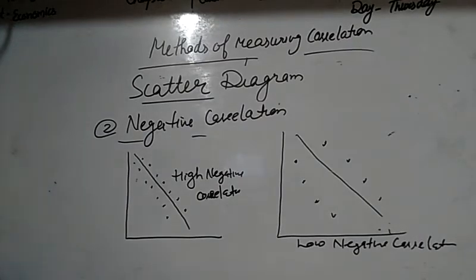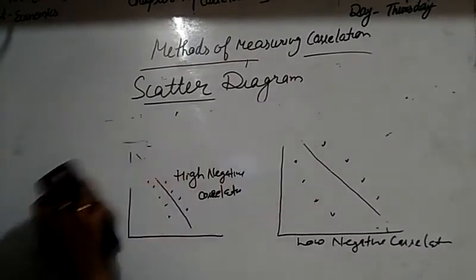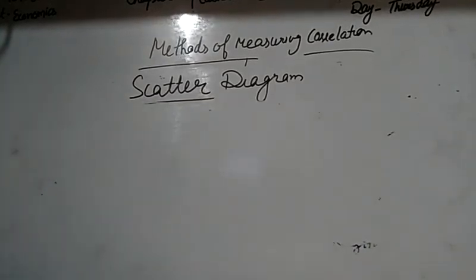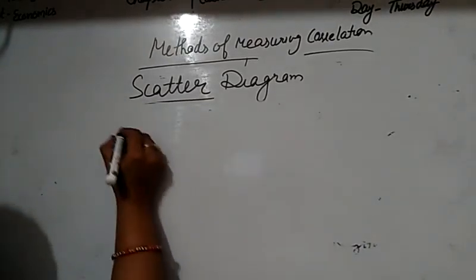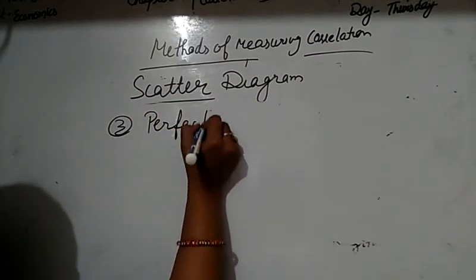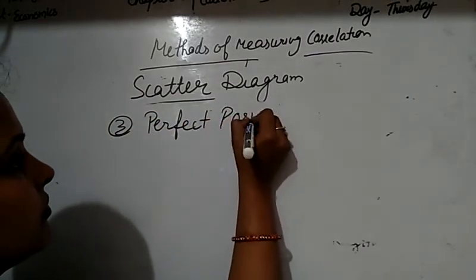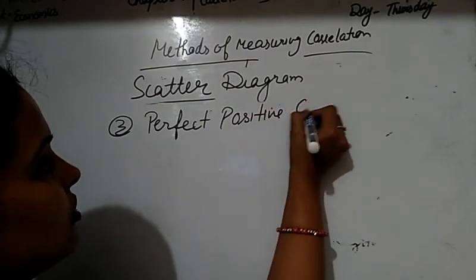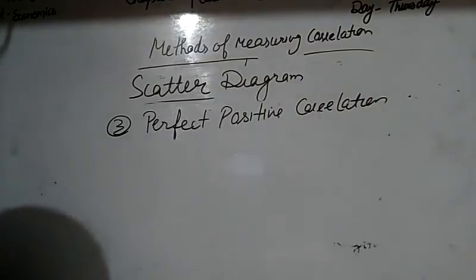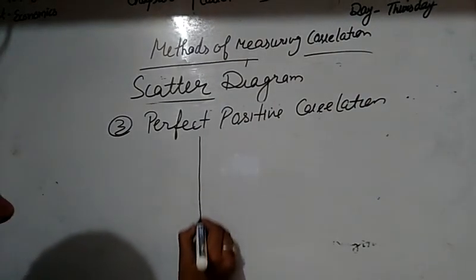Okay, students. Next is perfect positive correlation. So perfect positive correlation is there.